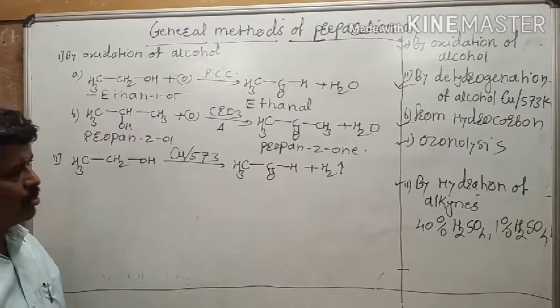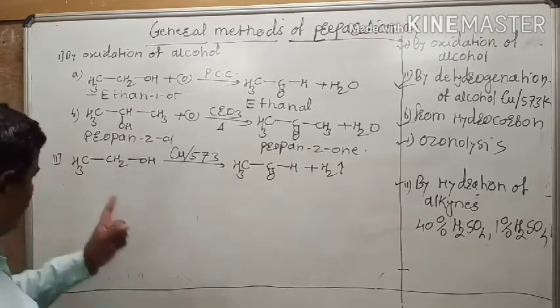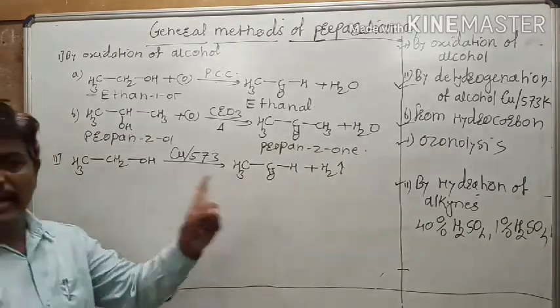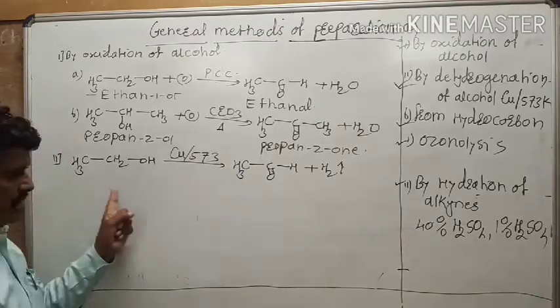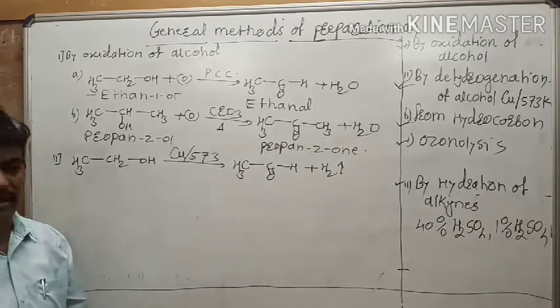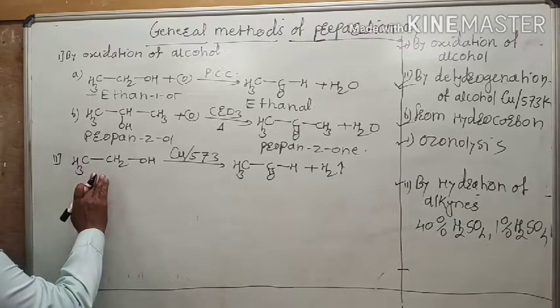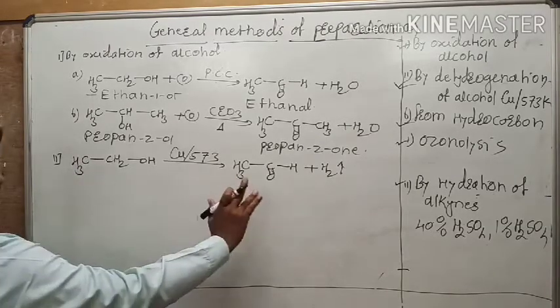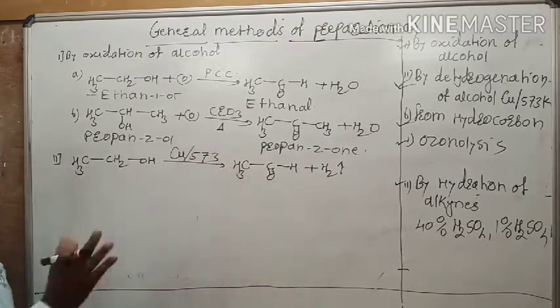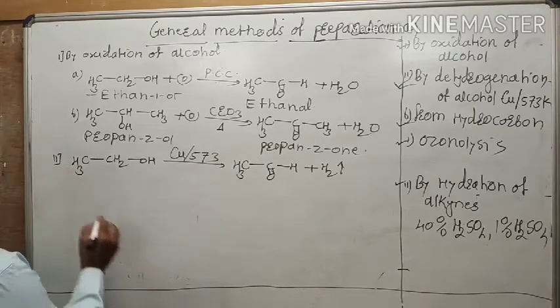So this is a dehydrogenation reaction. Remember primary alcohol gives aldehyde. This is ethyl alcohol which gives acetaldehyde, this is ethanol which gives ethanal. So remember both common name as well as IUPAC name.